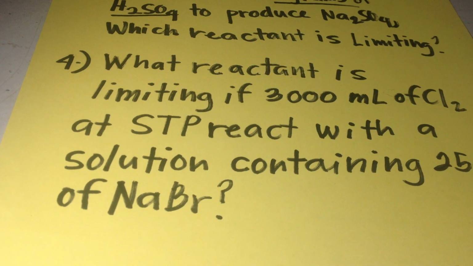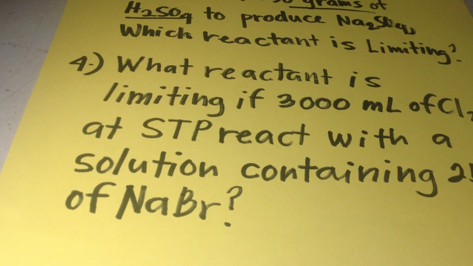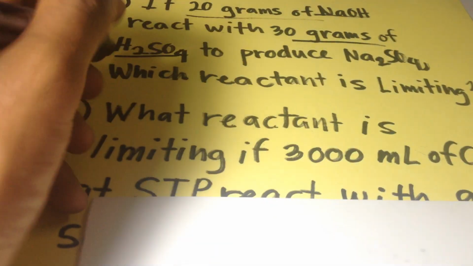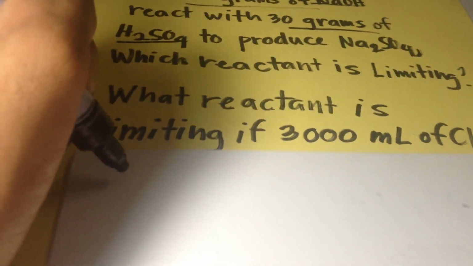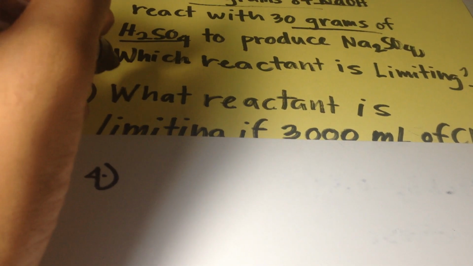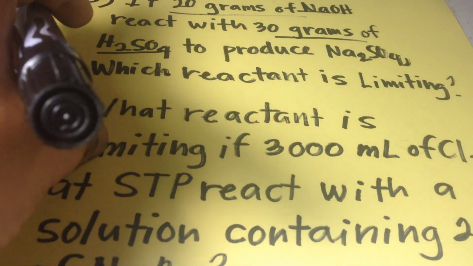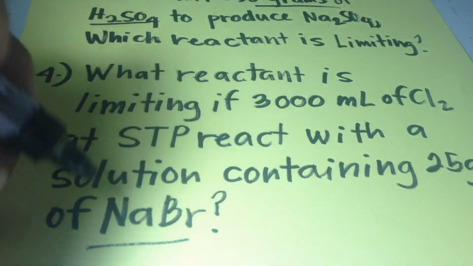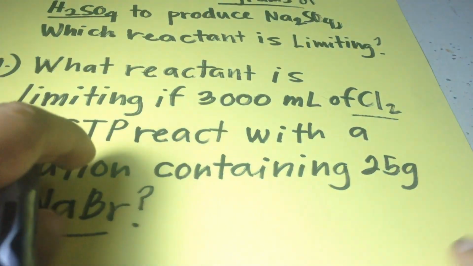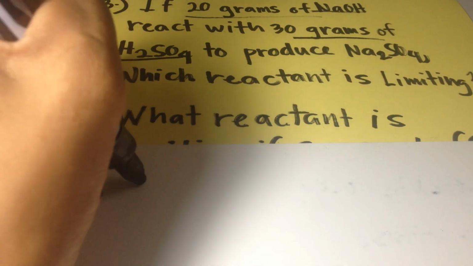So, first step again is you need to write the reaction. From number 4, we have sodium bromide and chlorine gas will react. So balance the equation again.